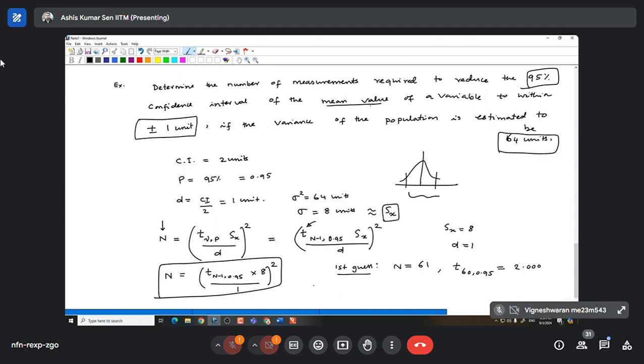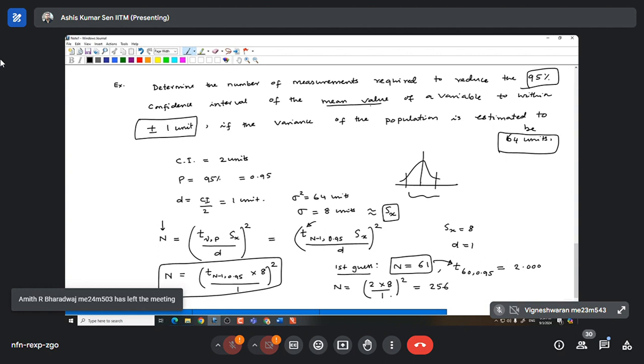Now if I substitute here, then I can find n equal to 2 into 8 divided by 1, square. I am getting 256. See, this is a guess I made. From the guess, I found t.